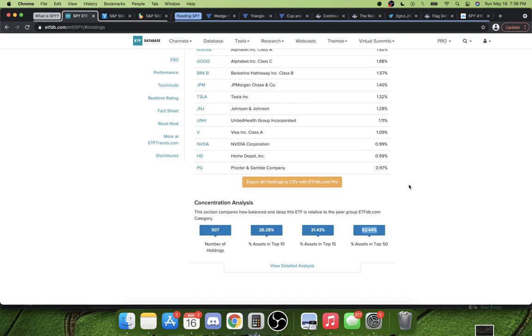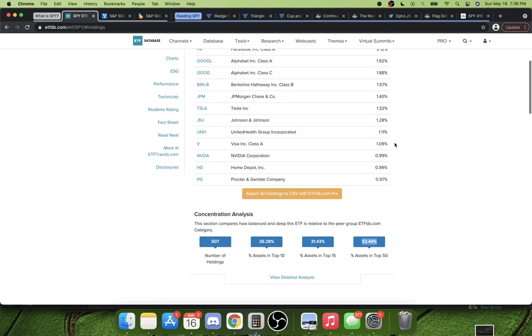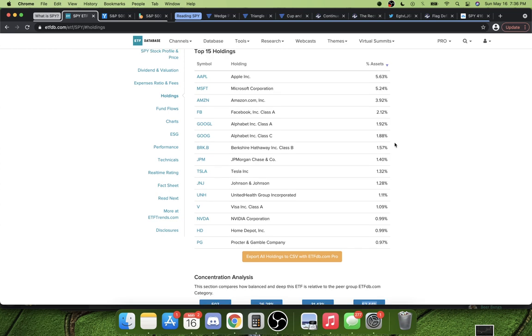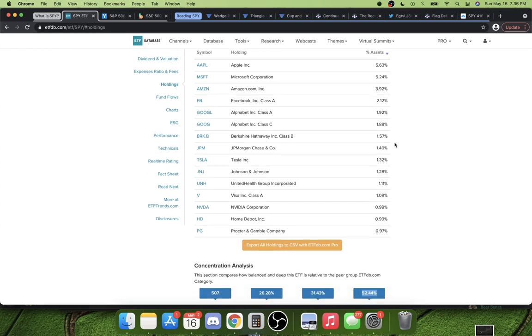Okay, so that means that you have a pretty tight correlation of how these top 50, or more so top 15 stocks, are going to affect SPY's immediate movement.